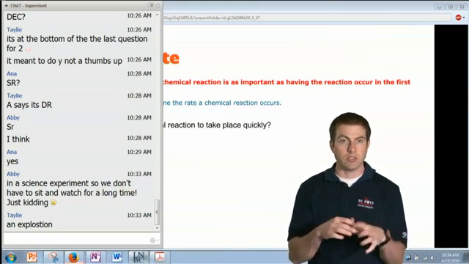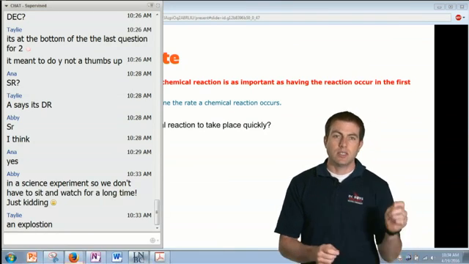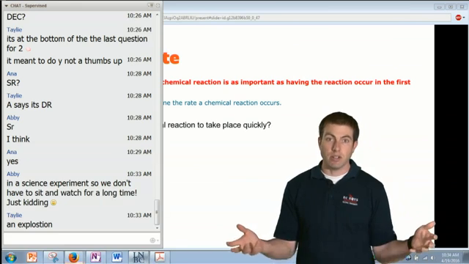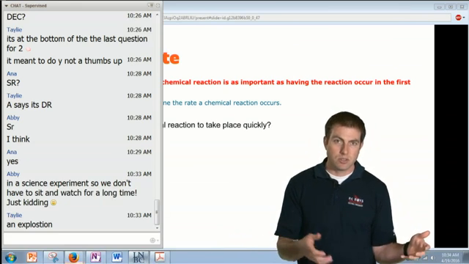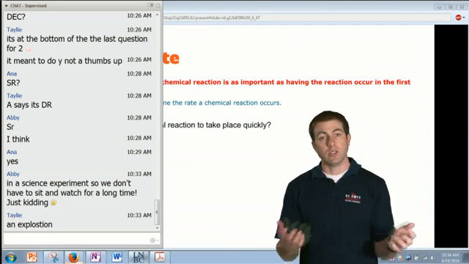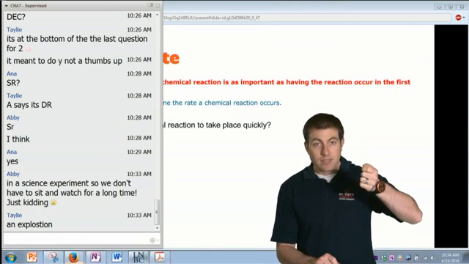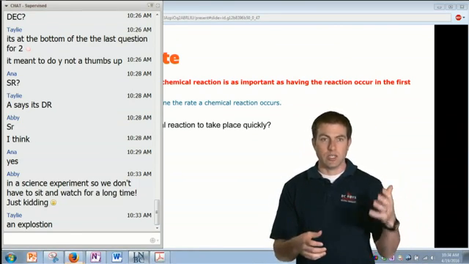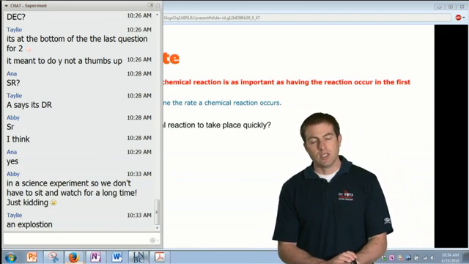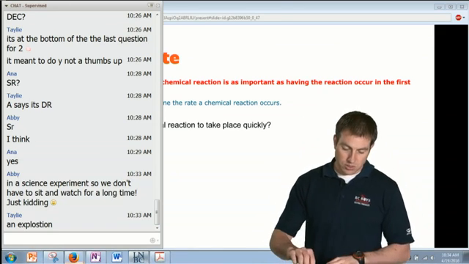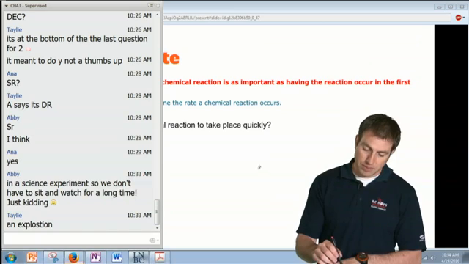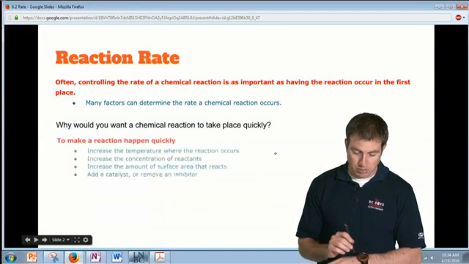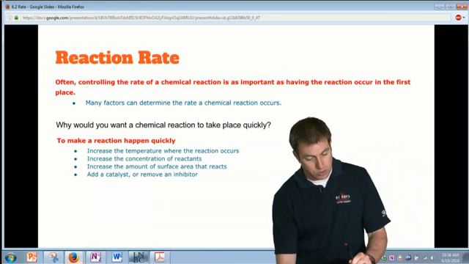And when the color changes, you're done. You can sit there pouring in the liquid a drop at a time, and it can take forever, and then the color changes and you know how much you added. But if you go too fast, you get too much in there and the color changes and you don't know exactly when it changed because you added a bunch at a time. So it was really frustrating. I had to do it like 3 or 4 times one lab, and that was an example where I wish the reaction would take place a lot more slowly.